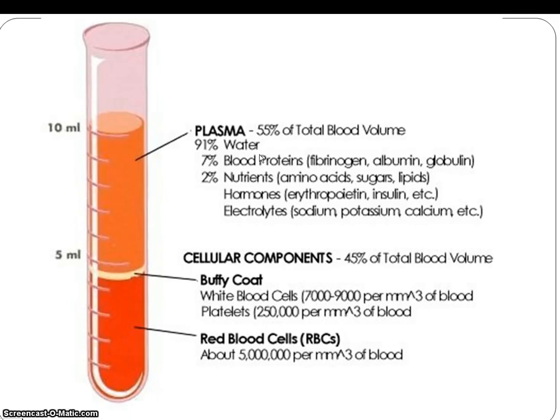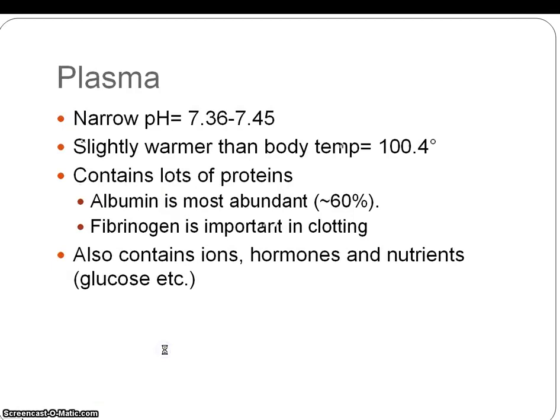And those things are all important. Electrolytes, so things like sodium and potassium are very important, as is calcium, and they're all carried in the plasma. And then in the cellular components, which we'll talk about in more detail in a little bit, we have the buffy coat and the red blood cells, and we'll talk about each of those components in a little bit.